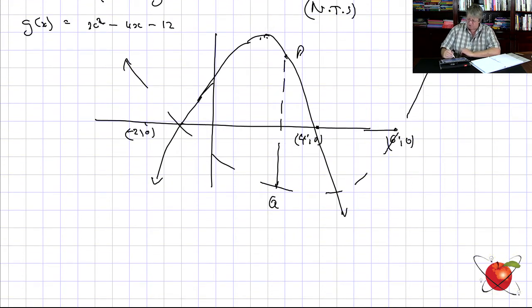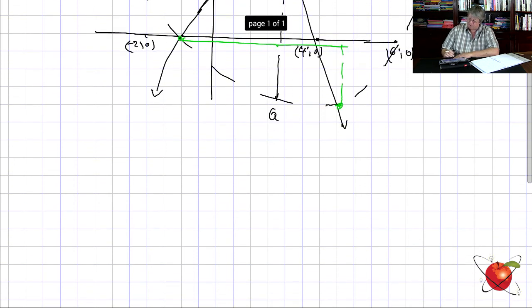In other words, let's go back and understand, this line here can go anywhere from there to there, can't it? At this point it'll be 0, and at that point it'll be 0. So they want to know where it is a maximum. Now the line can move from minus 2 to the point where f of x is equal to g of x.